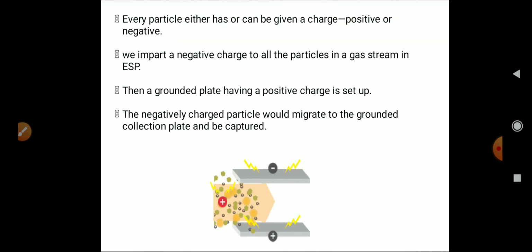Let me explain this process in a little more detail. Every particle either has or can be given a charge, positive or negative. This is very clear to everybody. We impart a negative charge to all the particles in a gas stream in the ESP, electrostatic precipitator. Then a grounded plate having a positive charge is set up.